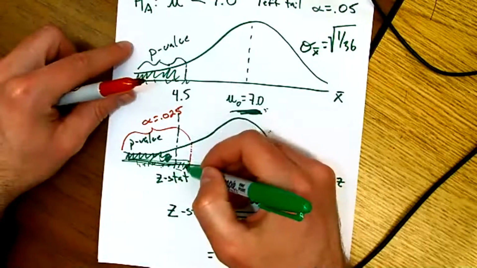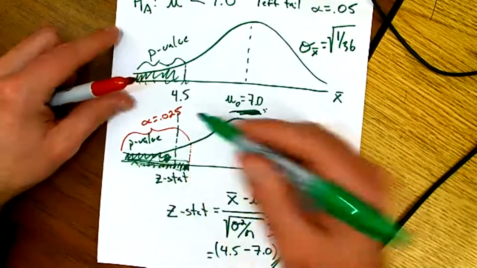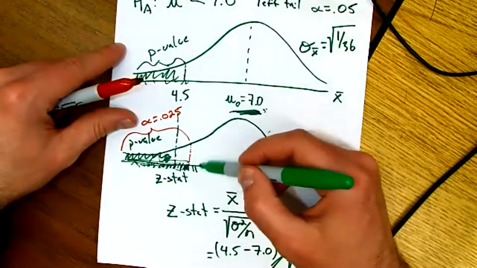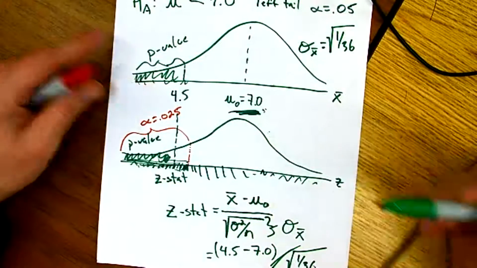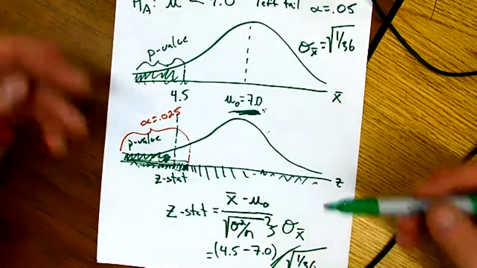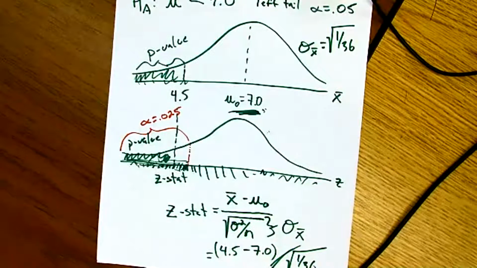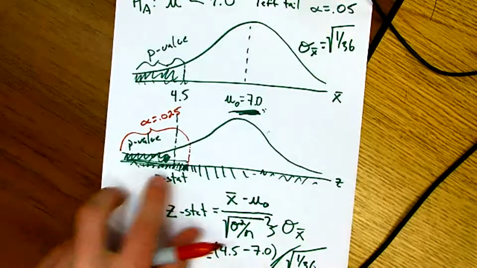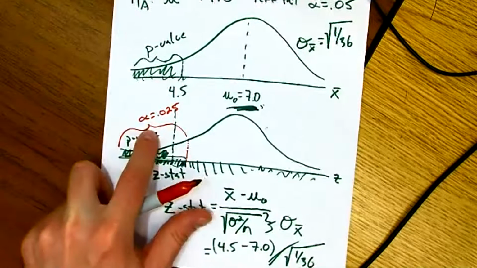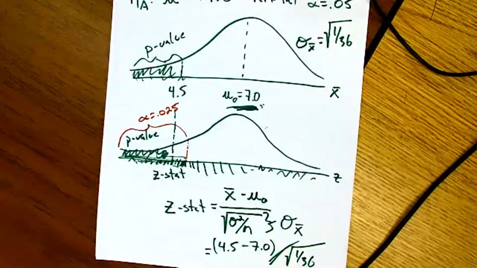Because for any value in this range, we're rejecting when we shouldn't have been. But for every value in this range, we'd fail to reject, and we should have been failing to reject. So we'll be right 1 minus alpha. The probability we're right will be 1 minus alpha, and the probability we're wrong will be whatever we set alpha at. Okay? So alpha is our type 1 error.